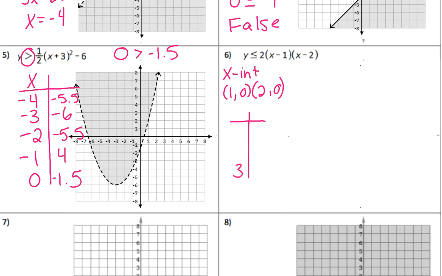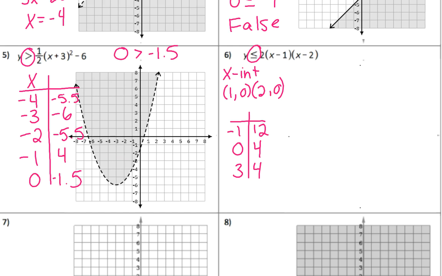So if I plug in 3, I would get out a 4. And then maybe some points smaller than 1. So if I plug in 0, that would give out a 4 as well. And maybe one more point if it's helpful. If I plug in negative 1, I would get out a 12. So now I've got 5 key points that I can graph. I can plot those. It is less than or equal to.